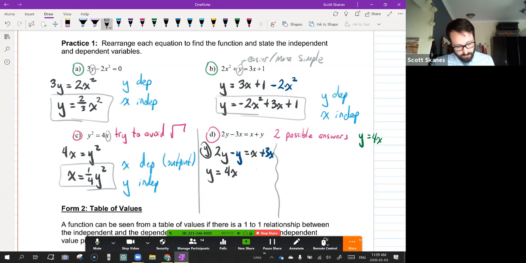Y equals 4x. You're saying y equals negative 4x? I'm not sure. You might want to check that one. I don't know if it's negative. For solving for x, I'm going to keep the x where it was and move the other x over. Keep the y where it is, move the 2y over.